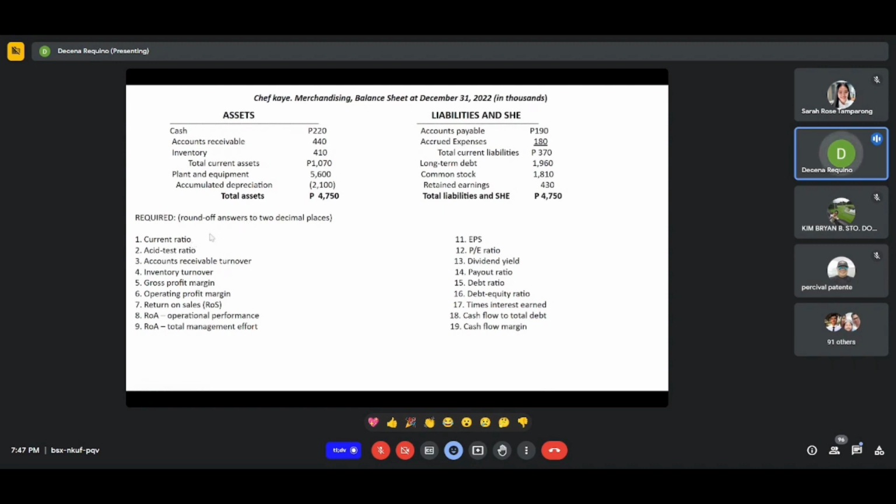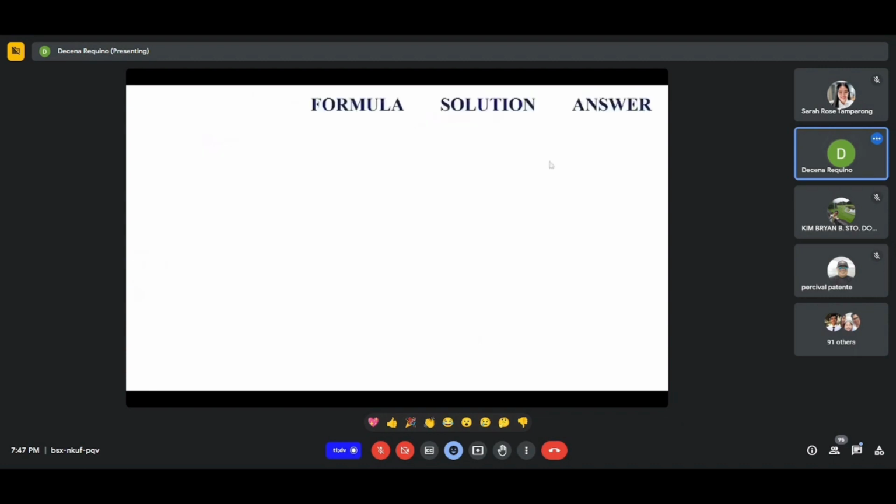So sa current ratio, ang formula niya, current assets over current liability. Ang current liability naman, itong accounts payable na 190 at saka accrued expenses na 180. So ang total niya is 370. So ang computation niya, 1,070 na current asset divided by total current liability na 370.